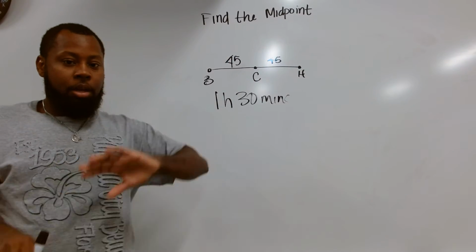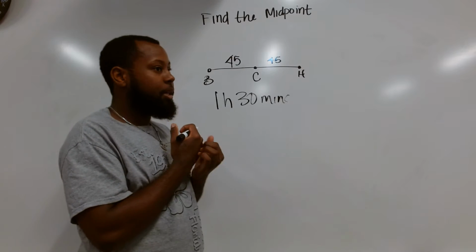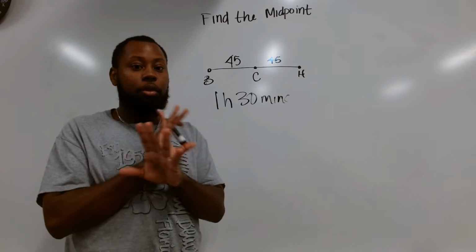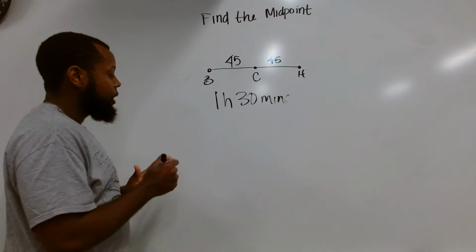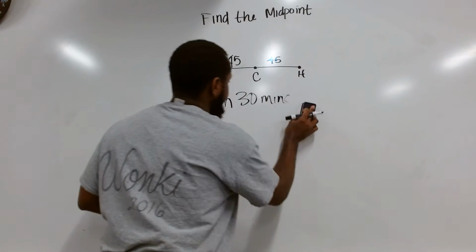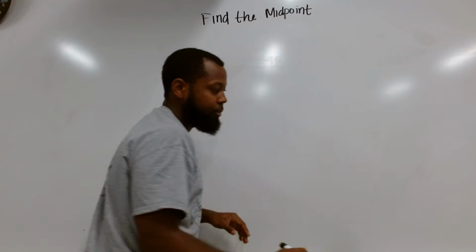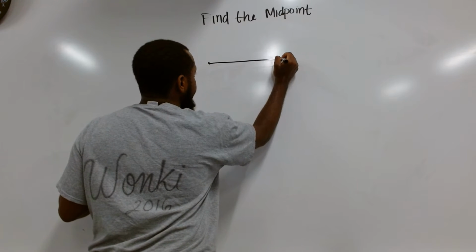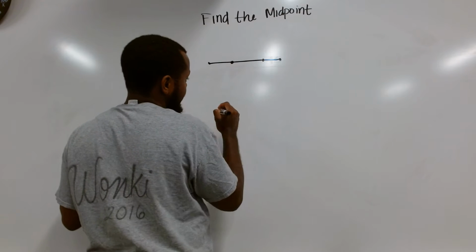So, with that part established, when it comes to finding midpoints, we're going to focus on number line first before we do graph-wise midpoint. So number line midpoint, to find the midpoint of a number line, you have to add the two numbers together and divide by 2.